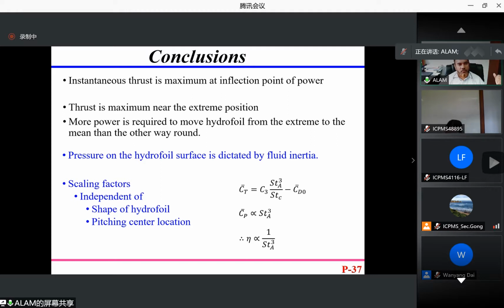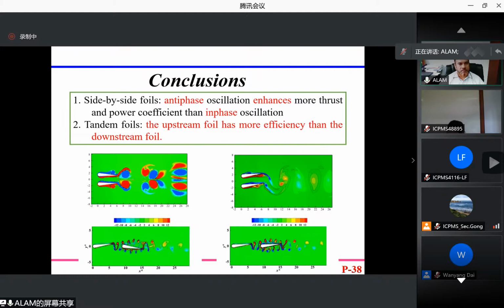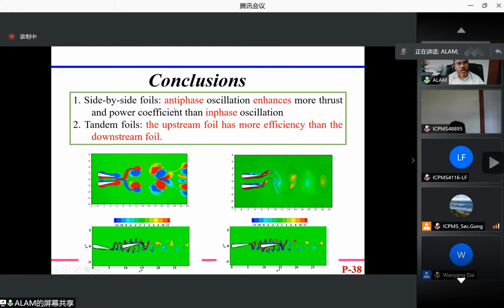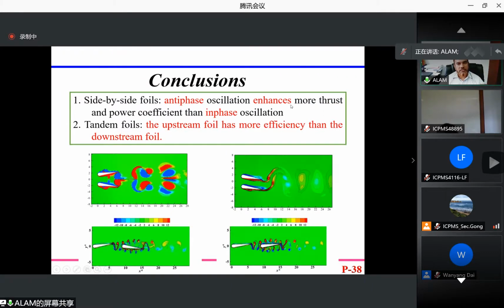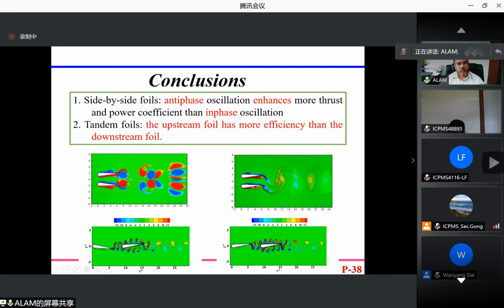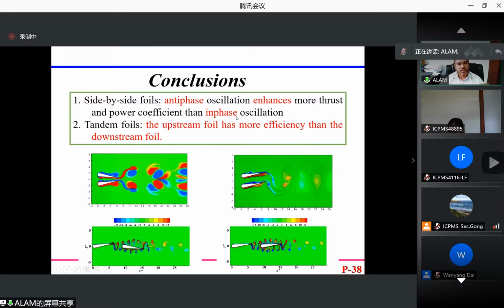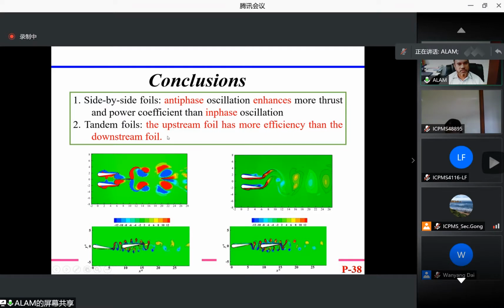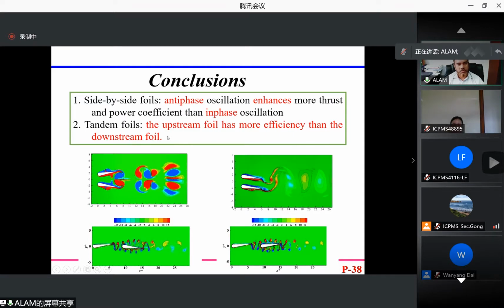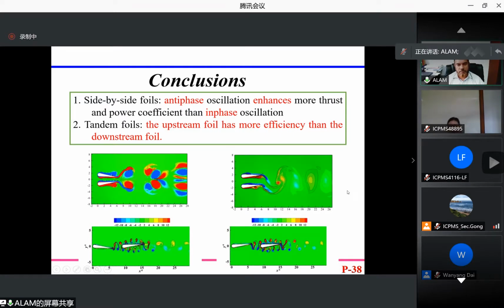And we found the three scaling factors that agree well with the data in the literature. For two side-by-side foils, anti-phase oscillation enhances thrust and power coefficient more than the in-phase oscillation. For tandem foils, the scenario is opposite. Here you will see the structure.